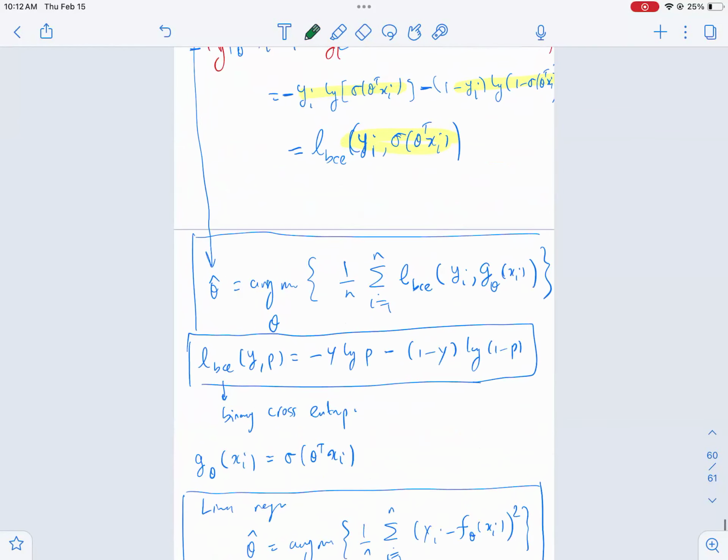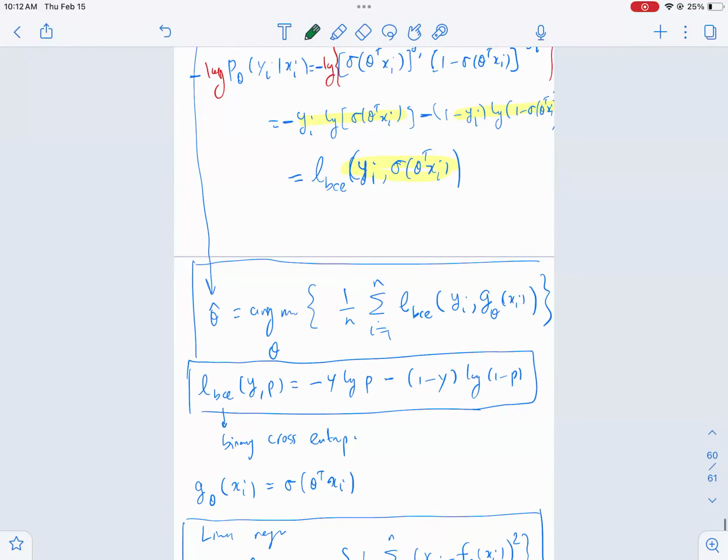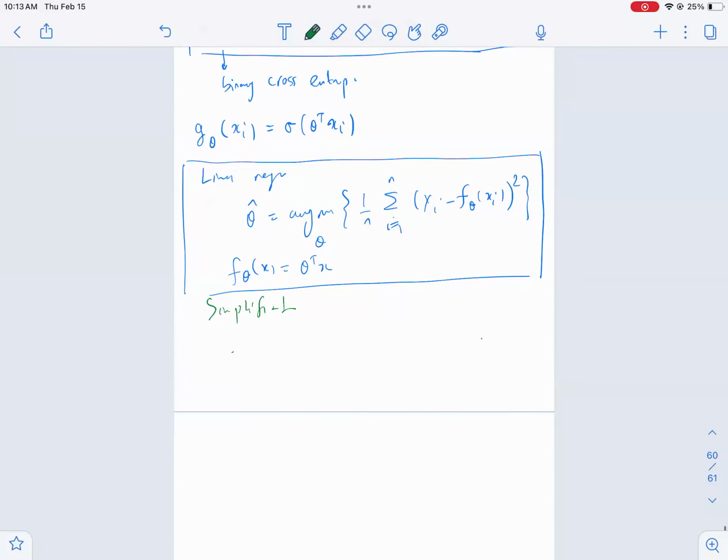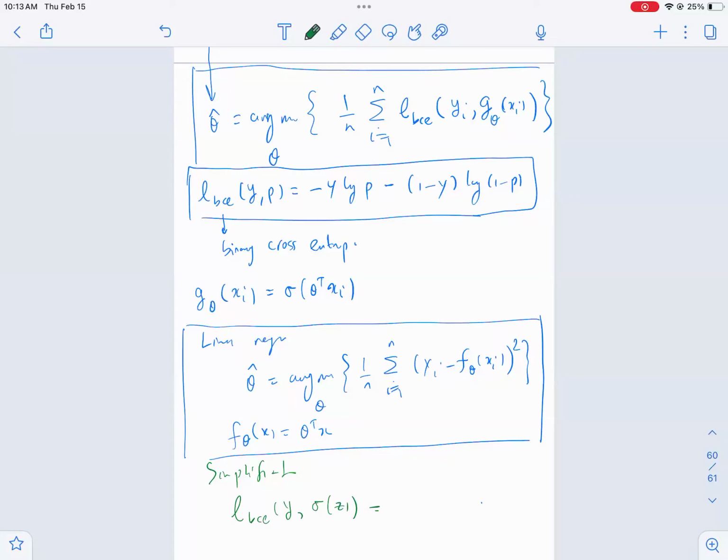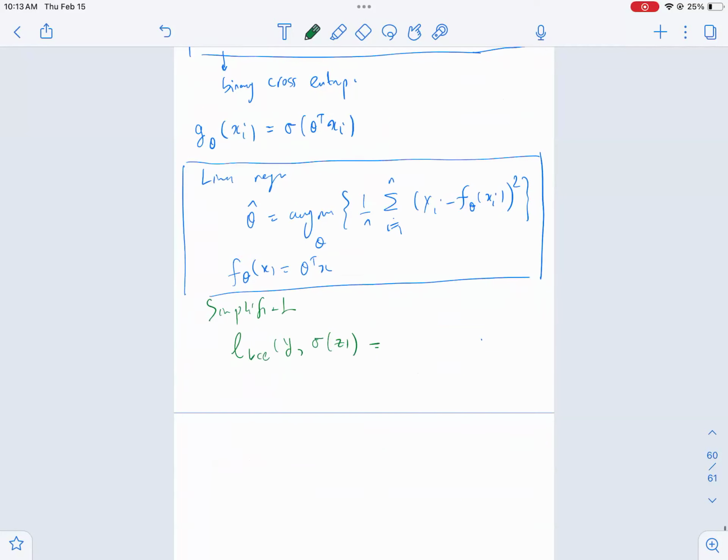Instead of working with, I don't have to worry, I'm just going to look at L_BCE of y and sigma of some, let's call this z. These terms are of this form where you replace y with yi and z with g theta. So let's see if this simplifies.